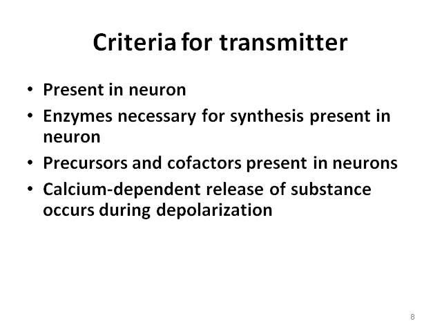We have to have the necessary things to synthesize it present in the neuron, usually enzymes. The precursors and cofactors necessary to make the transmitter have to be present, so literally the building blocks have to be there. We find that the release of the substance is calcium dependent and occurs during depolarization.